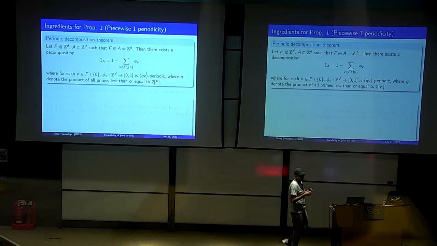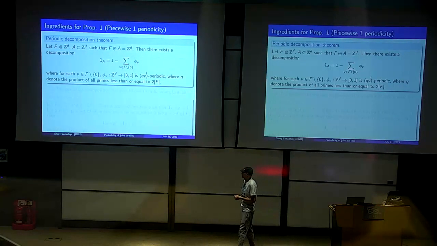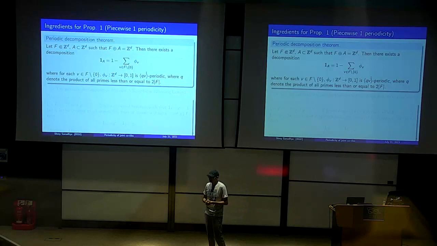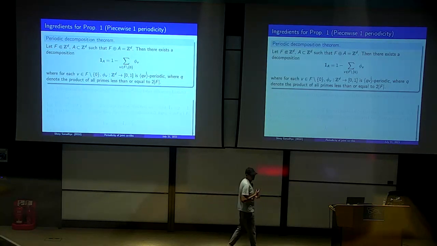So we can represent the indicator function of the cotile as a sum of some one periodic functions.